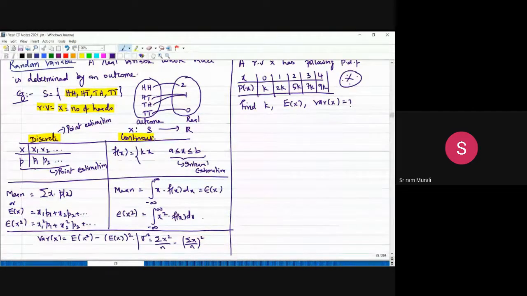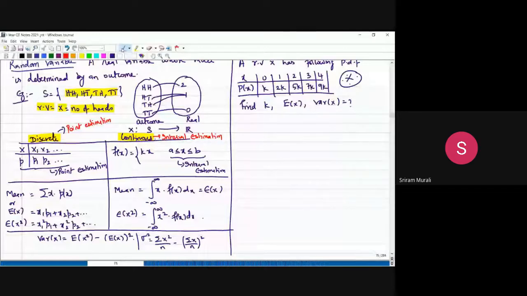We will learn in binomial and Poisson. This is interval estimation. I gave an example here.